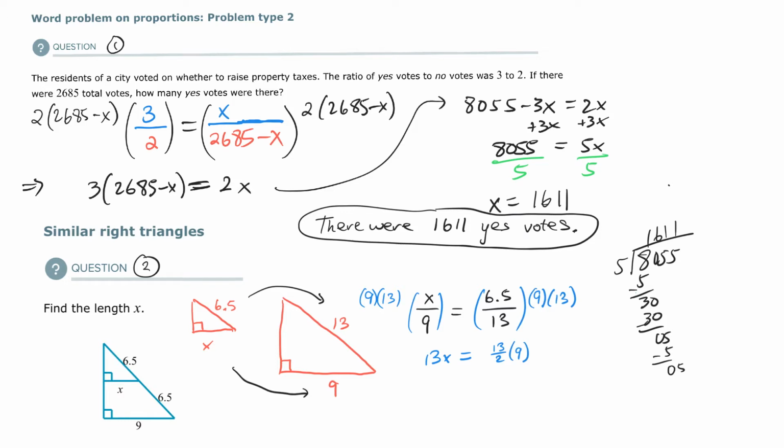And we want to divide the entire sides by 13. So we get x is now equal to 13 times 9 over 2. Divide by 13 means multiply by 1 over 13. So the 13s are going to cancel, and you're left with x is equal to 9 over 2.